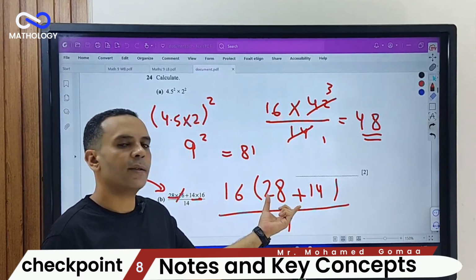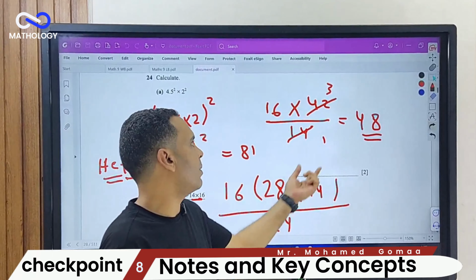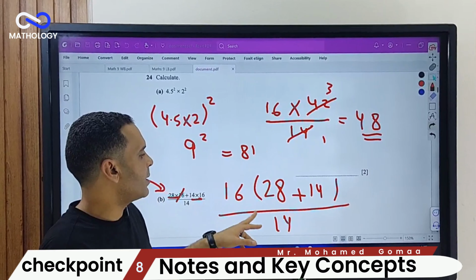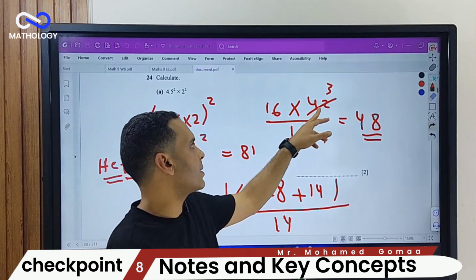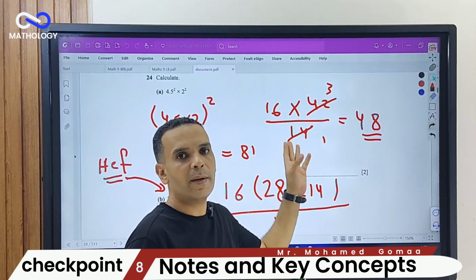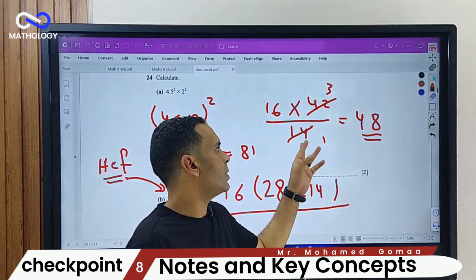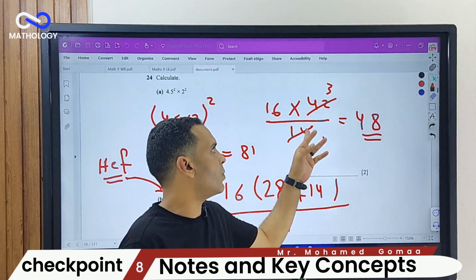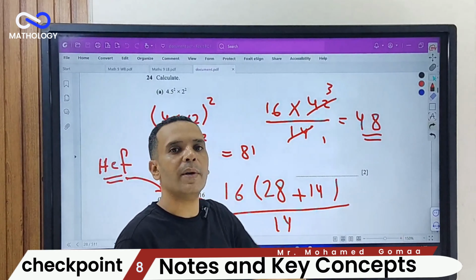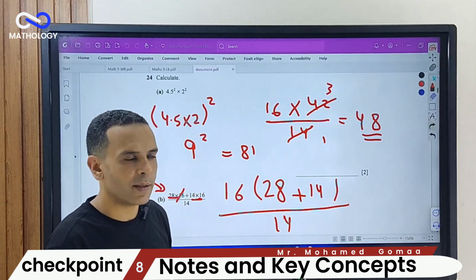Perform the operation inside the bracket, which equals 42. Multiply 16 divided by 14. We can cancel out 42 and 14. Both of them are divisible by 14. 14 divided by itself equals 1. 42 divided by 14 equals 3. It will be 16 multiplied by 3, which equals 48.